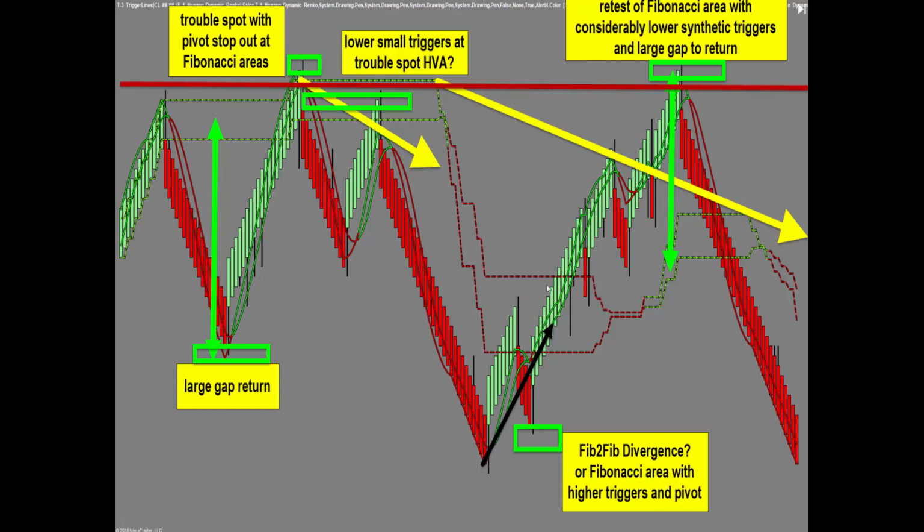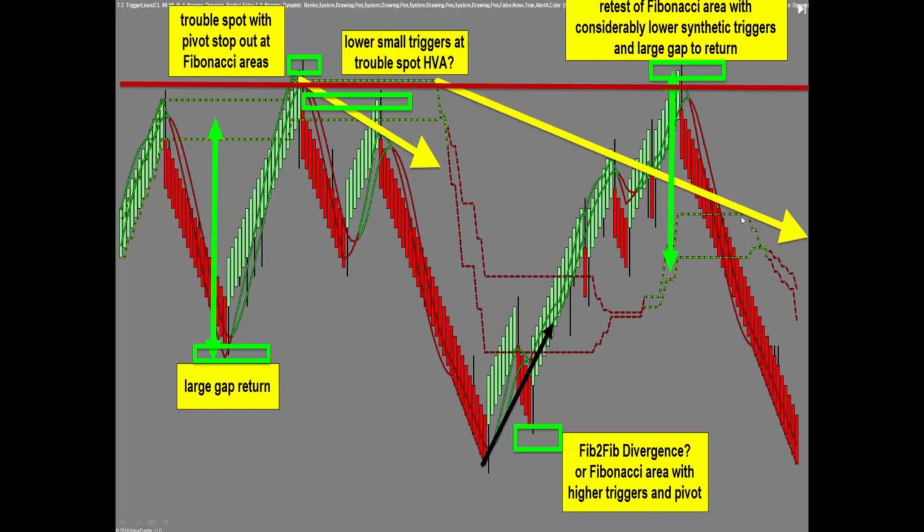Now, it does go back up, obviously. Now, I want you to notice, not only over here on the left did we have lower small triggers, and at the bottom we had higher small triggers. I want you to notice on this stop run at Fibonacci resistance, this big yellow arrow, not only do we get that trigger line look on little small triggers, we also get it on our synthetic triggers.